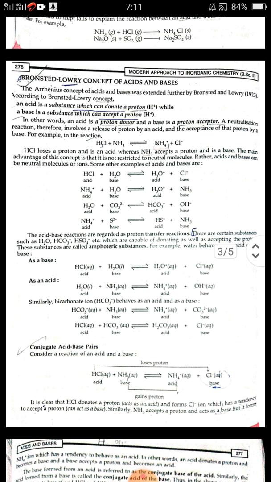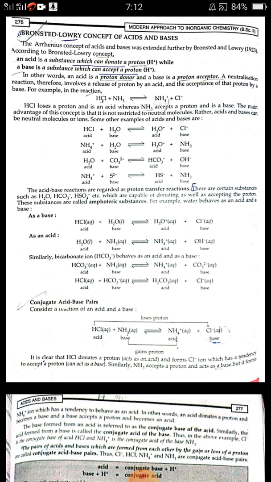For example, HCl plus NH3 gives NH4 positive plus Cl negative. In this reaction, hydrochloric acid loses a proton, so it is a proton donor and behaves as an acid, while ammonia accepts a proton, so it is a proton acceptor and acts as a base.